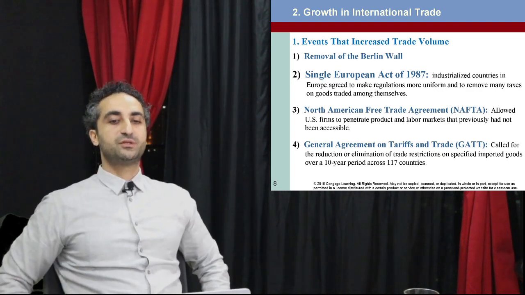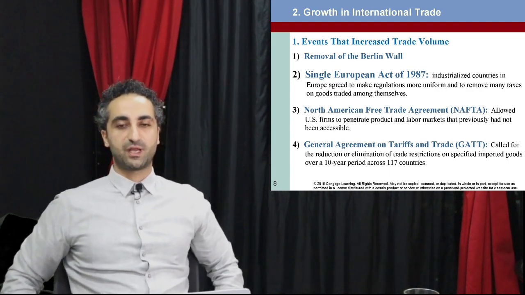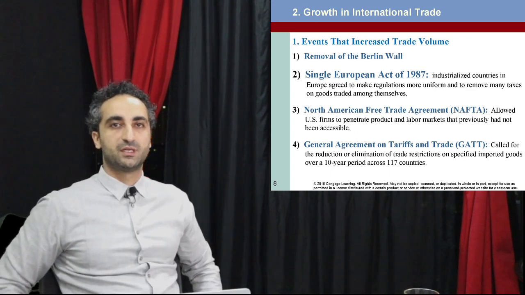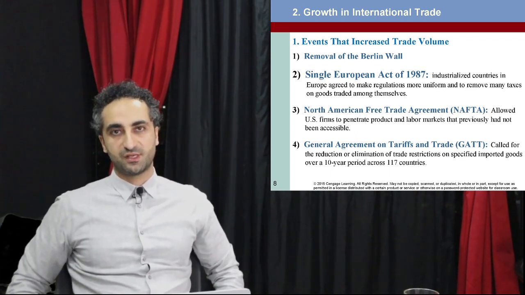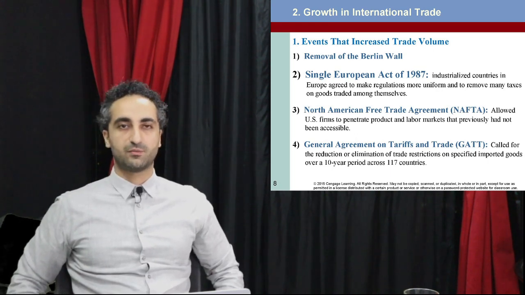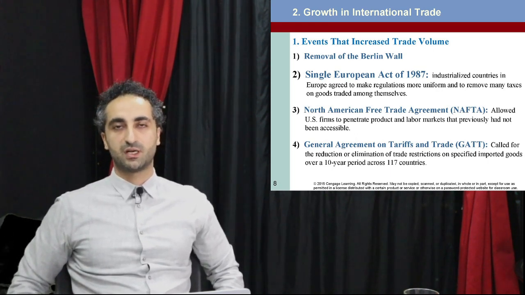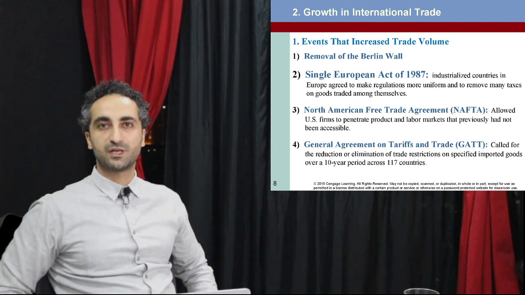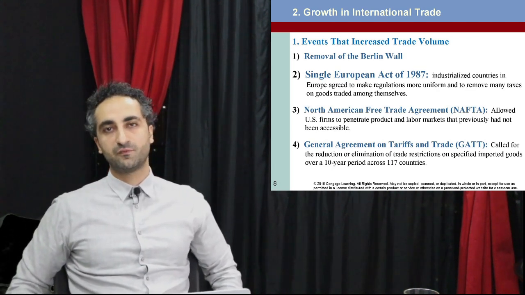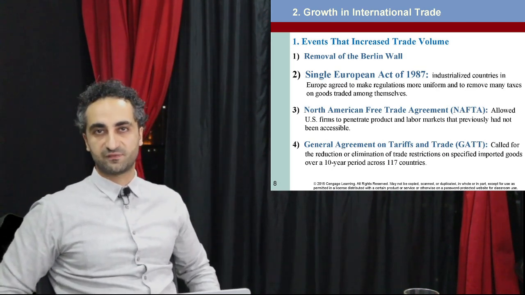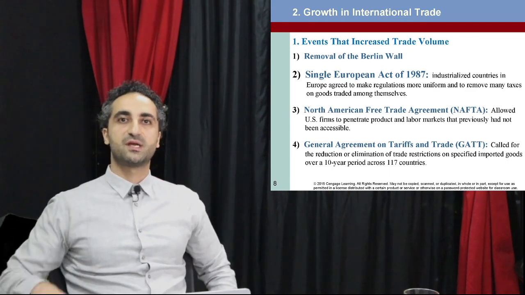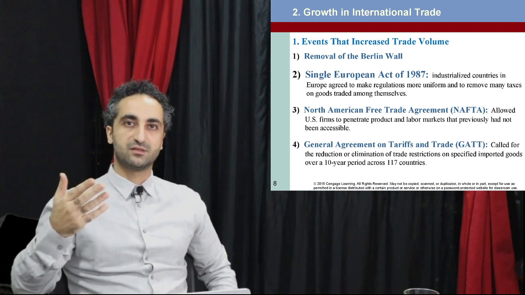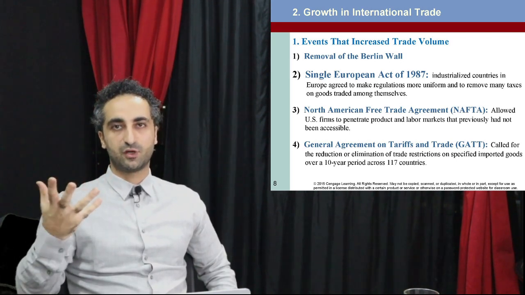Now let's continue with trade volume. So back in the days, we heard many stories about people traveling from here to there to sell and buy goods. However, now it's more frequent. Of course, technology played a massive part, and we discussed that there were some institutions that facilitated the volume increase.